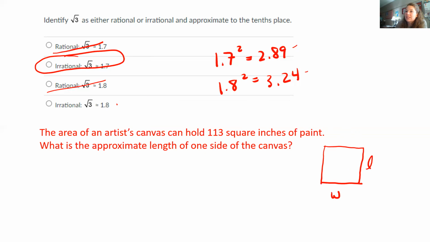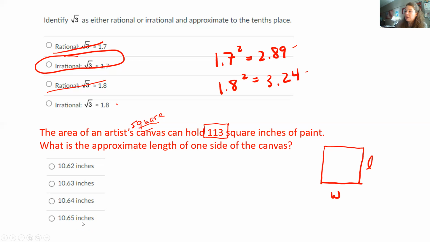Well, what's true about squares? The side lengths are the same, right? So we want to know what number times itself. Since it's length times width, we would take a number and multiply it by itself. We want to know what is the closest number one side length would be that when we square it, we get 113.